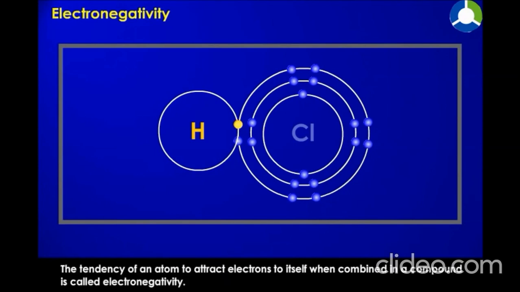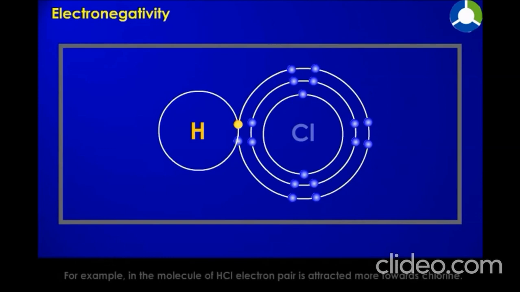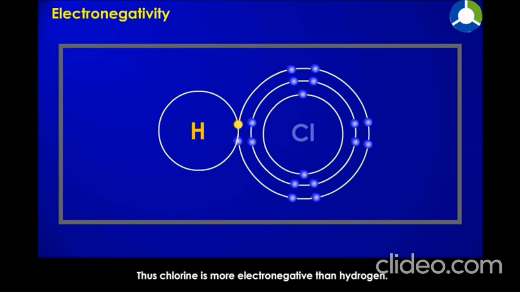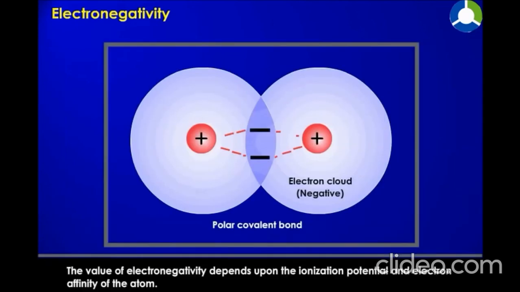The tendency of an atom to attract electrons to itself when combined in a compound is called electronegativity. For example, in the molecule of hydrogen chloride, the electron pair is attracted more towards chlorine. Thus, chlorine is more electronegative than hydrogen. The value of electronegativity depends upon the ionization potential and electron affinity of the atom.